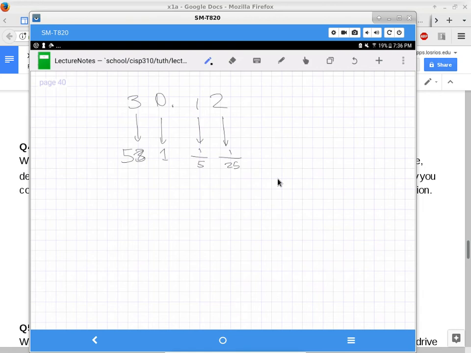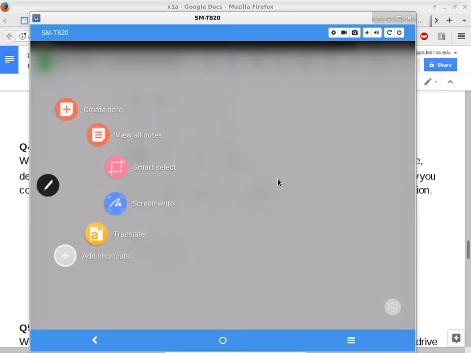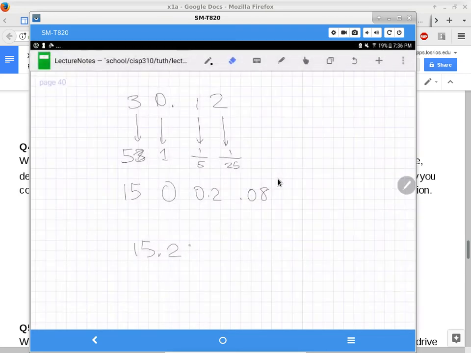Okay? So now you just have to do the multiplication. So we have 15 here, 0 here, 0.2 here, and then we have a 0.08 here. And when you add up all of these things, we have 15.28. Whoops! I clicked the button again.